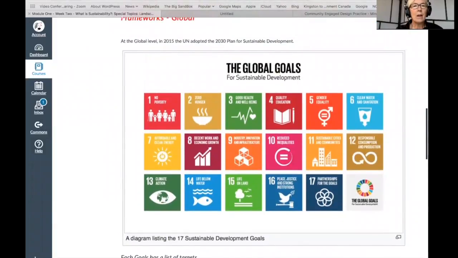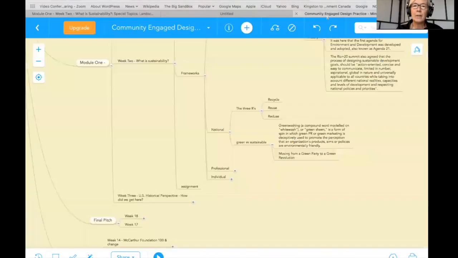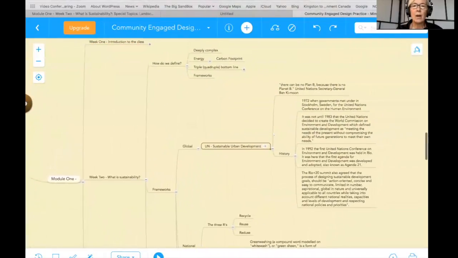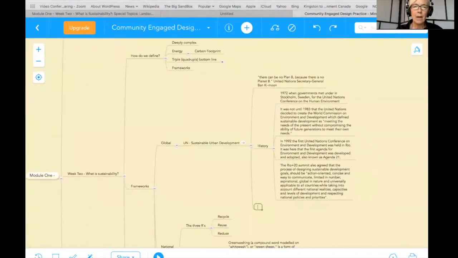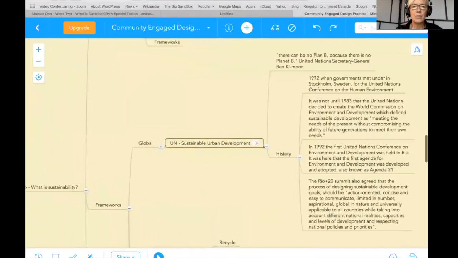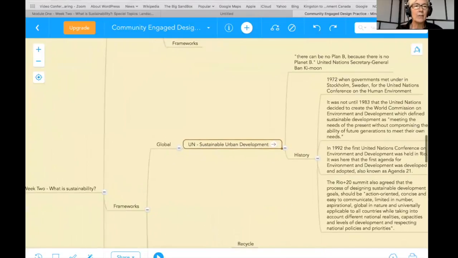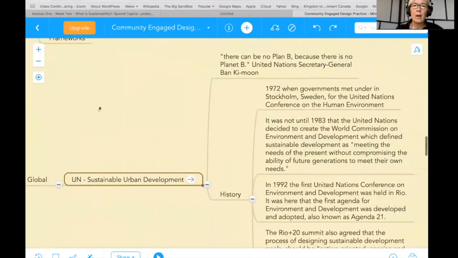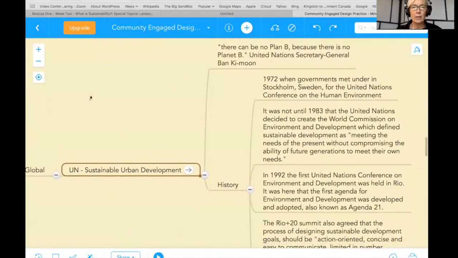Now, one thing just on that topic, we move back to our mind map. I think it's really interesting, the syllabus has a quote from the United Nations Secretary General that says there can be no plan B because there is no planet B, which I think it's nice to see that kind of conversation.